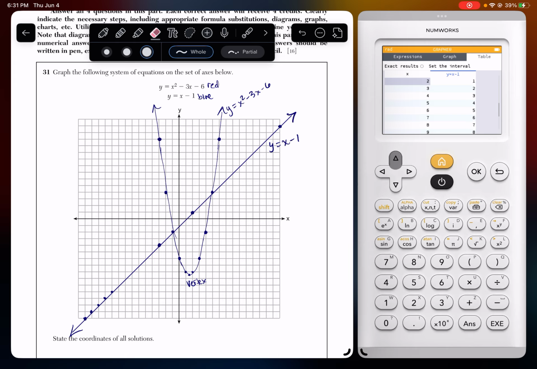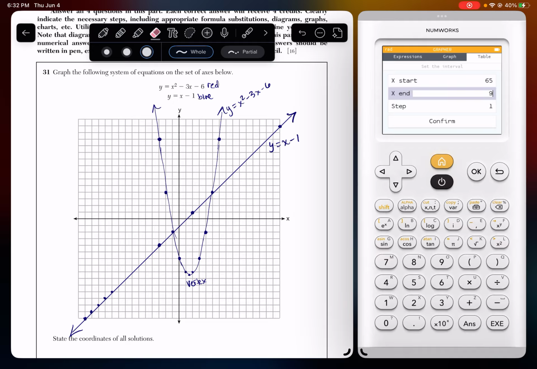And the way that you can get these points in the table, once you're done looking at your graph, is you can set the interval to whatever interval you want, and your table will show you that interval. So let's say you were doing a different graph that for whatever reason you wanted values between 65 and 92.